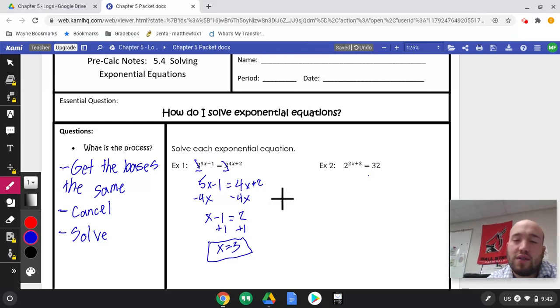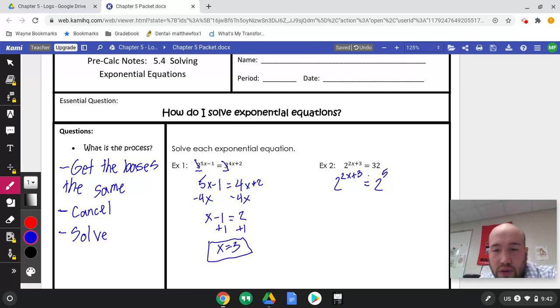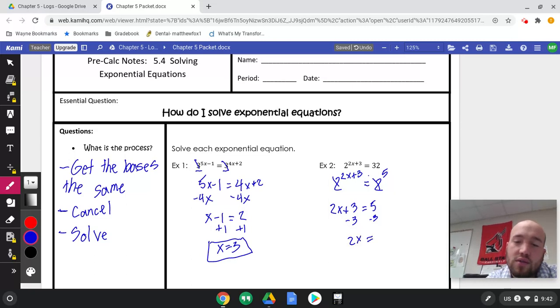So if I rewrite this, 2 raised to 2x plus 3 equals 32 is the same as 2 raised to the 5th power. 2 to the 5th power is 32, which means now I have the same base, cancel, cancel. I'm left with 2x plus 3 equals 5. From here, subtract 3, and we get 2x equals 2. Divide by 2, we get x equals 1.